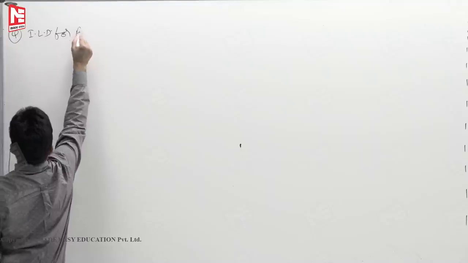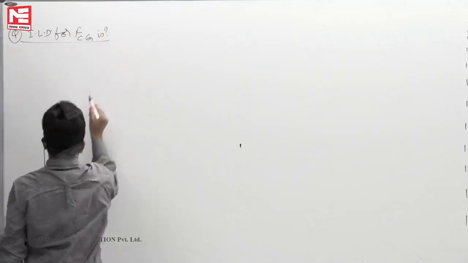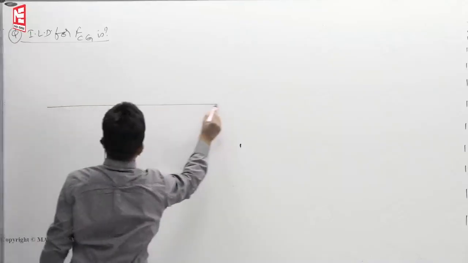Now ILD for force in the member CG. 4 options they will give it, you have to take the correct one.